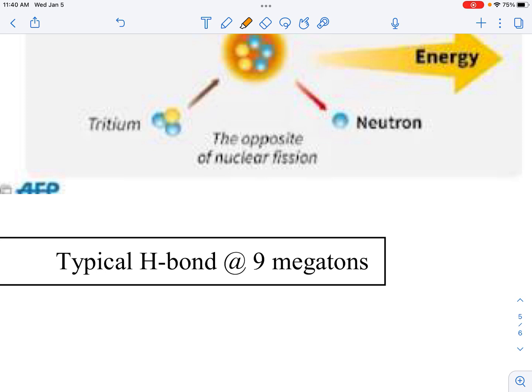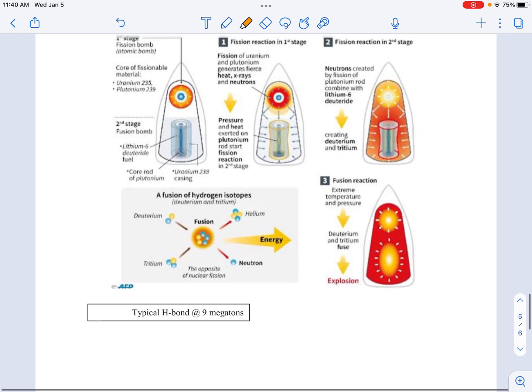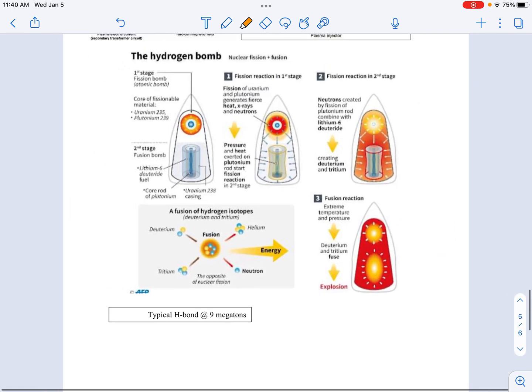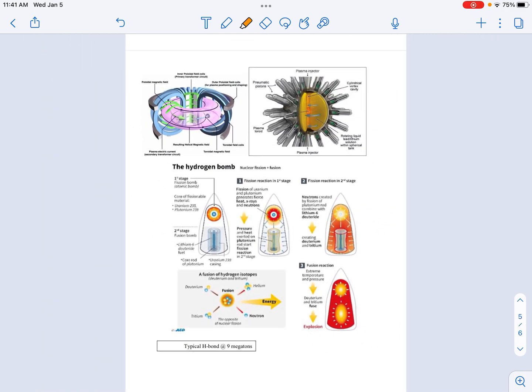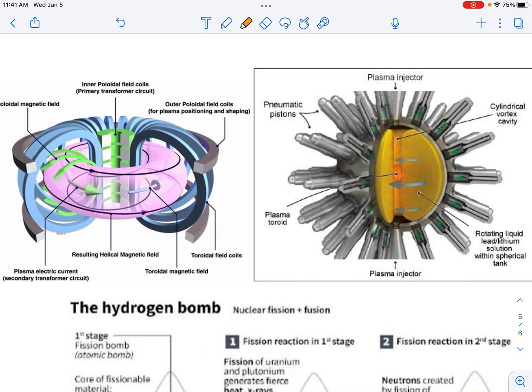So again, think of the pile of a ton of TNT. Now do that 9 million times. Now set that all off at once. That's what a hydrogen bomb is. So you are talking about, again, just an unfathomable amount of energy, which is why it's so difficult to contain.